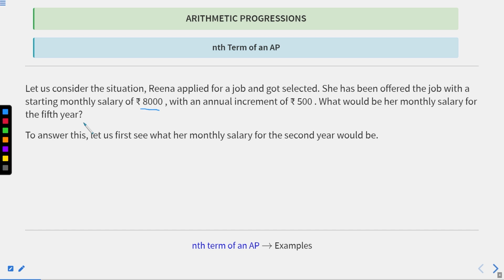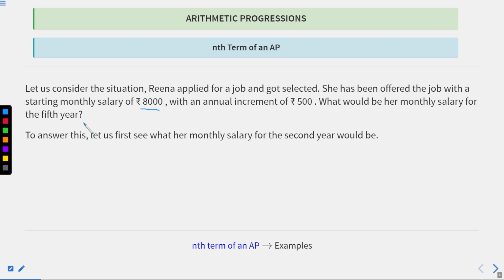So in this example, we consider this situation. Rina applied for a job and got selected. She has been offered the job with a starting salary of 8000 rupees with an annual increment of 500 rupees.